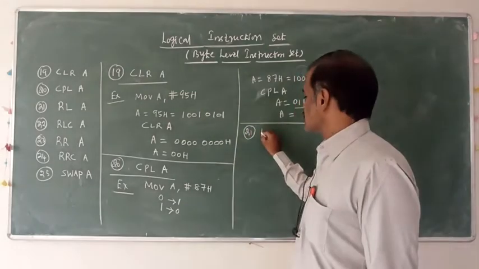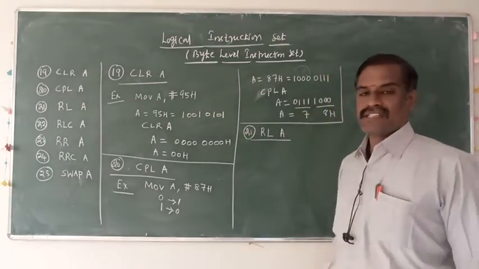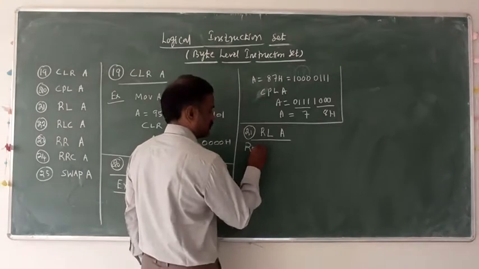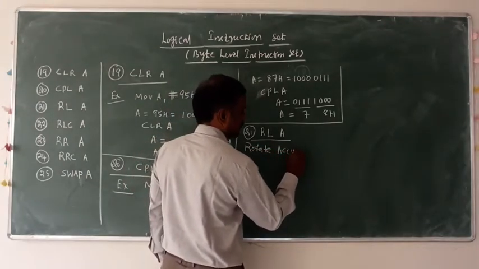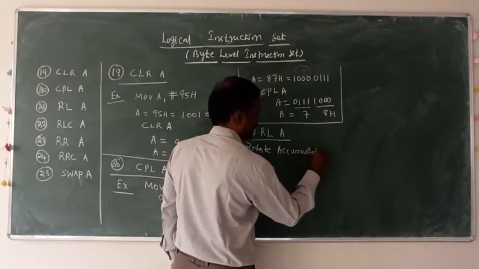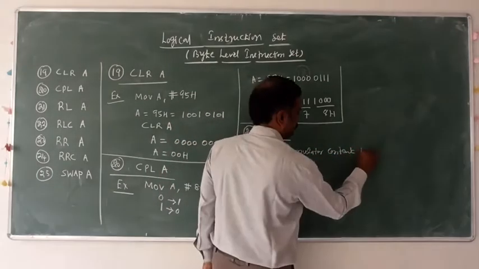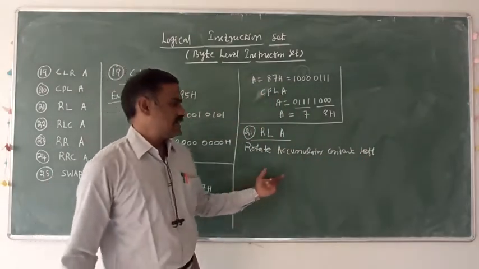Next one, 21st instruction, RL A. RL A means rotate accumulator content left. Rotate accumulator content left.